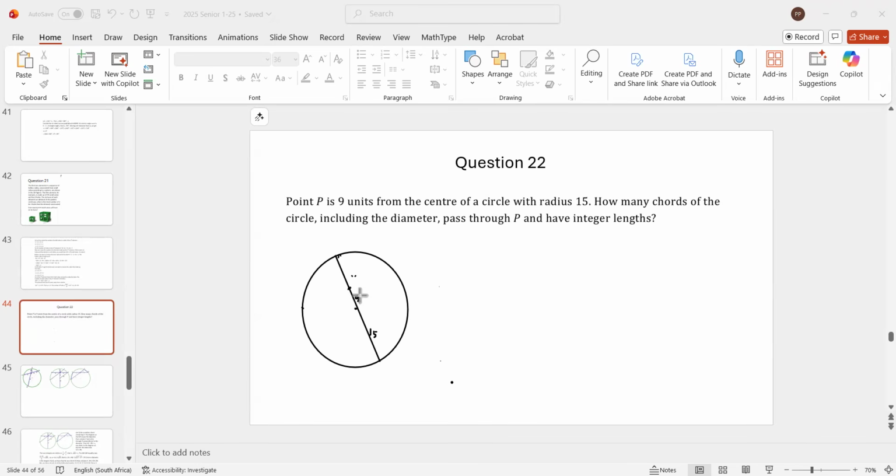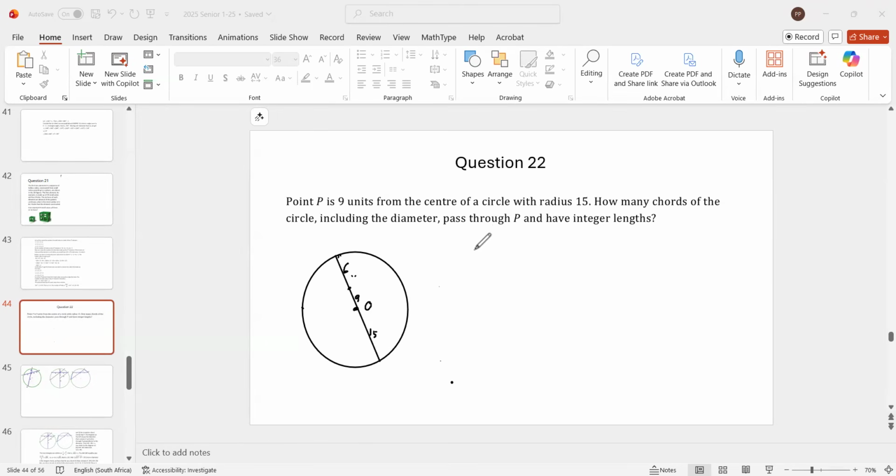So the radius from center to the boundary is 15, and therefore the remaining piece there should be 6 here. Because this is the center. All the radii are equal. Okay, so the longest chord is 30.